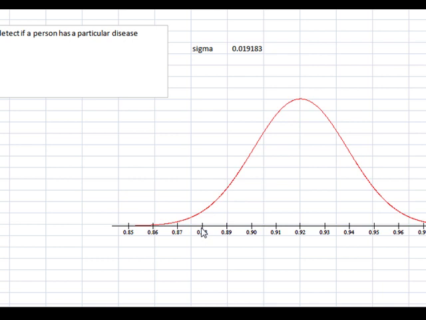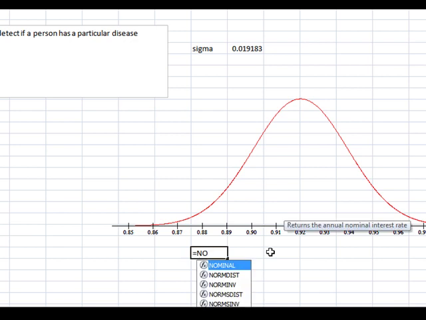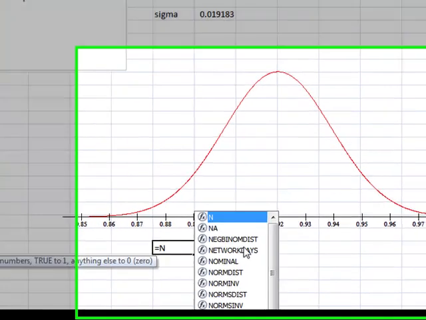I would ask the following question. If the center is really 92%, what's the likelihood of getting 88%, or something further away from 92%? We could do this very quickly, since I'm assuming it's approximately normally distributed. I can just do the following.